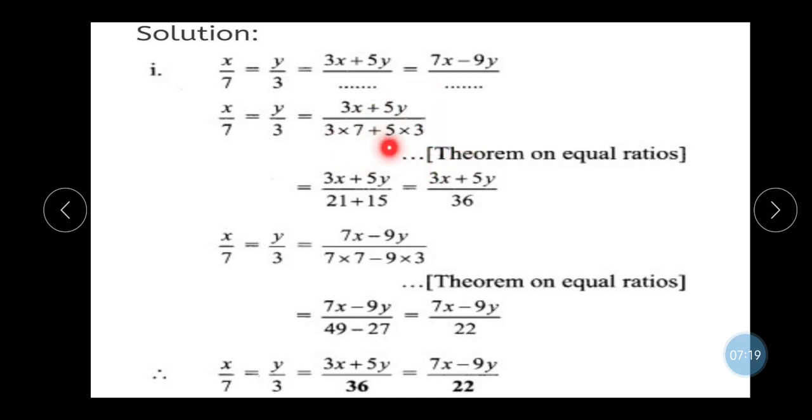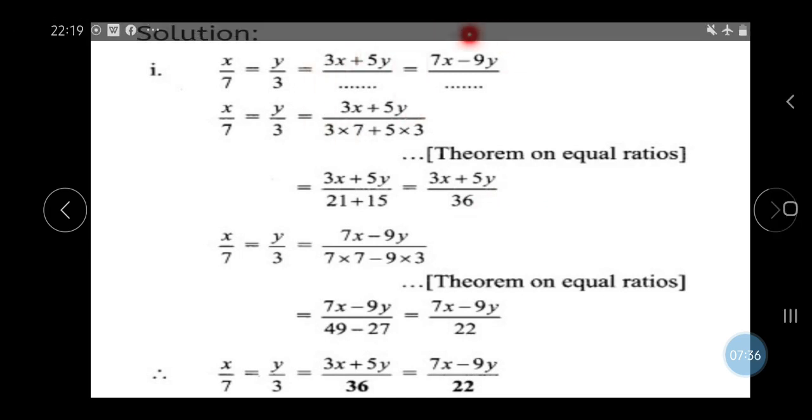So 3 into 7 plus 5 into 3. So we get (3x plus 5y) upon 21 plus 15. That will give us (3x plus 5y) upon 36. The first part is done.